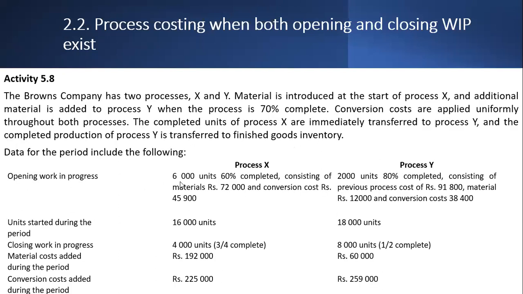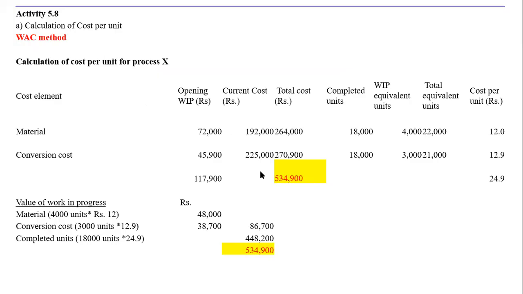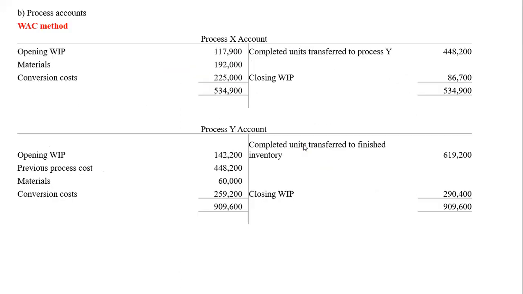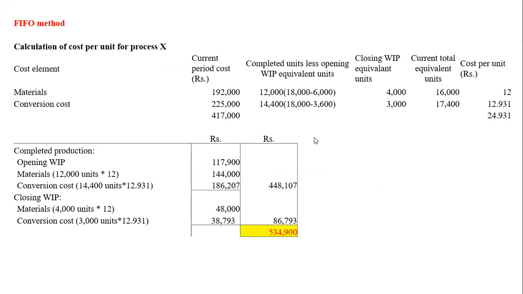You see, 6,000 units were there at the beginning. 6,000 into 60% means 3,600. So out of 18,000, we assume that 3,600 has nothing to do with this. That is why we deduct. Here also, out of 6,000, the opening stock has nothing to do with this. So that is what is removed out of 18. During the period, 12,000. So 12,000 plus the 6 becomes 18,000.